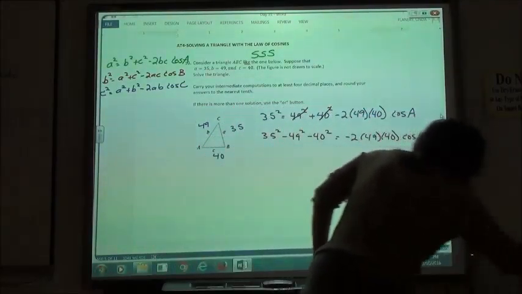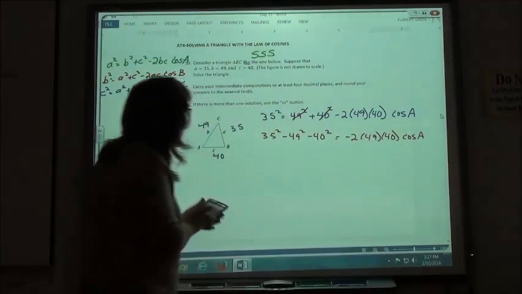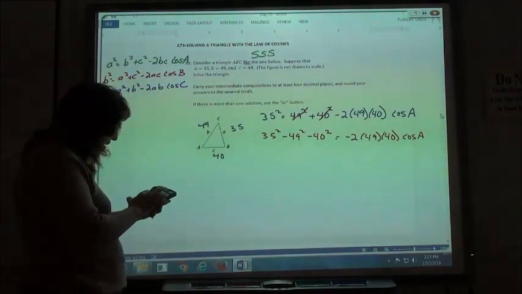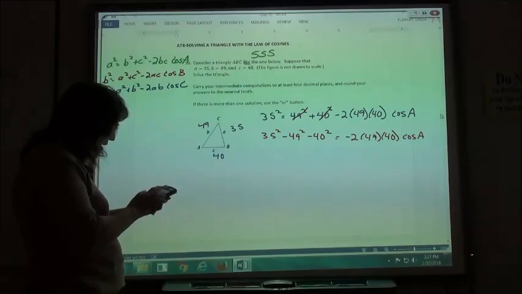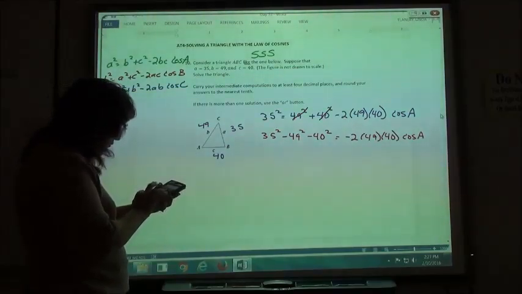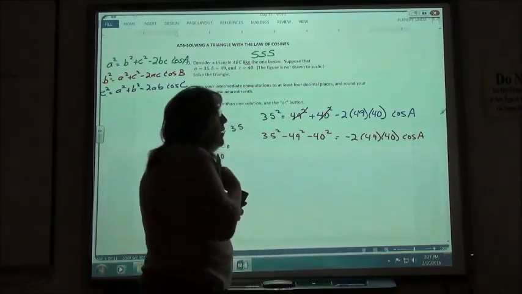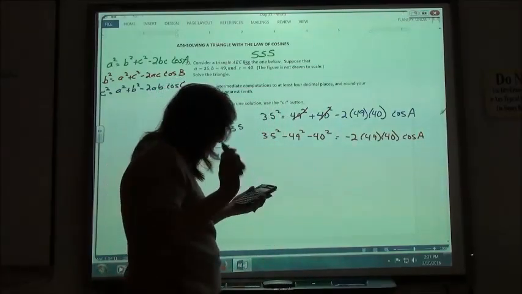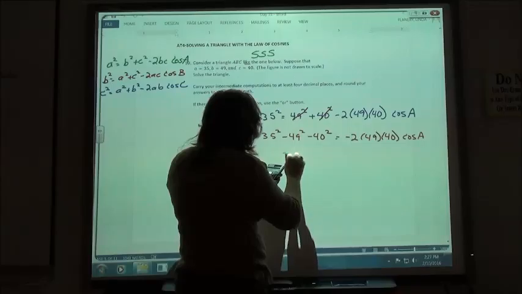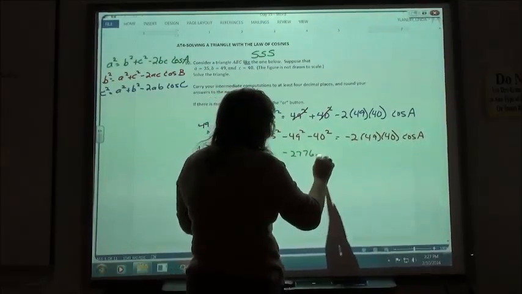Now I'm just going to grab my calculator and do my calculations. So 35 squared minus 49 squared minus 40 squared is negative 2,776.